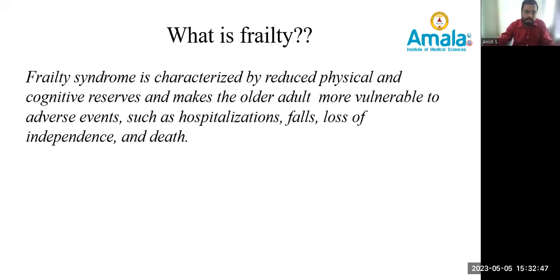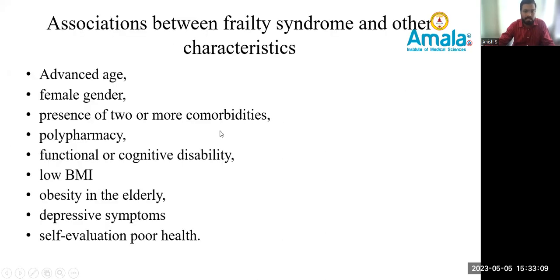When there is a reduction in this reserve, it makes them more vulnerable to adverse events like falls and hospitalization. And as with COVID-19, we had seen that the older adults were succumbing more to the complications of COVID-19, and that is because of this frail status.